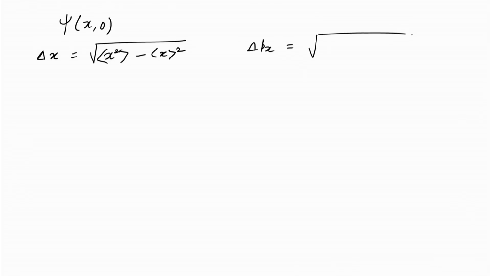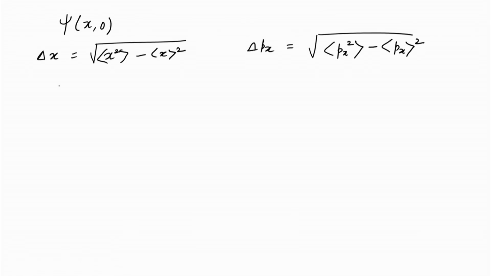So the position uncertainty delta x is written as the square root of x square average, or expectation, minus x expectation squared, and similarly delta p x is equal to the square root of p x square expectation minus p x expectation squared, and each one of them can be found.